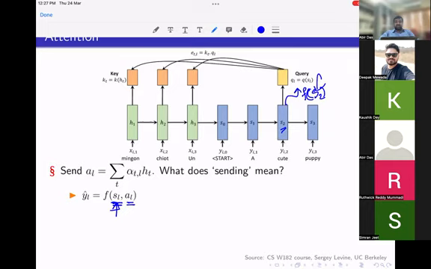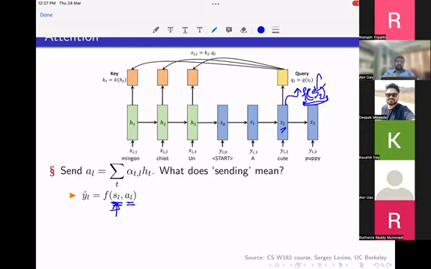So in addition to the decoder hidden state, all the encoder hidden states, weighted suitably by the attention scores, give you the output, not just the decoder hidden state. That is one way.